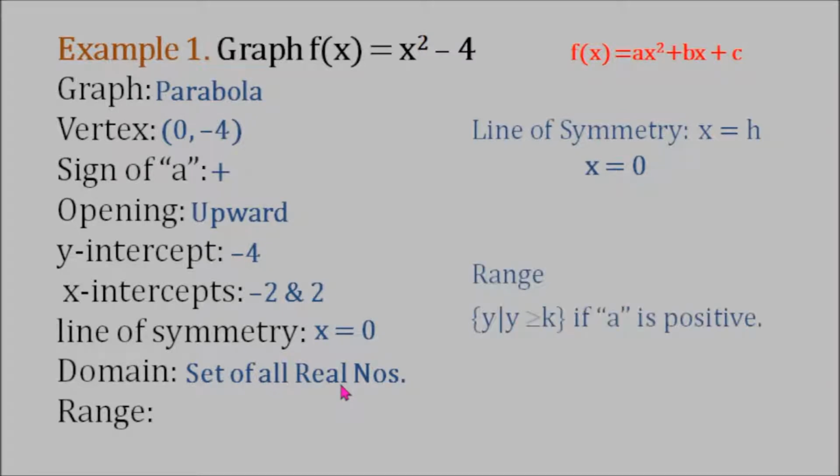For the range, if a is positive, it is the set of real numbers y such that y is greater than or equal to k, and the set of real numbers y such that y is less than or equal to k if a is negative. Our a here is positive, so our range is the set of real numbers y such that y is greater than or equal to negative 4.